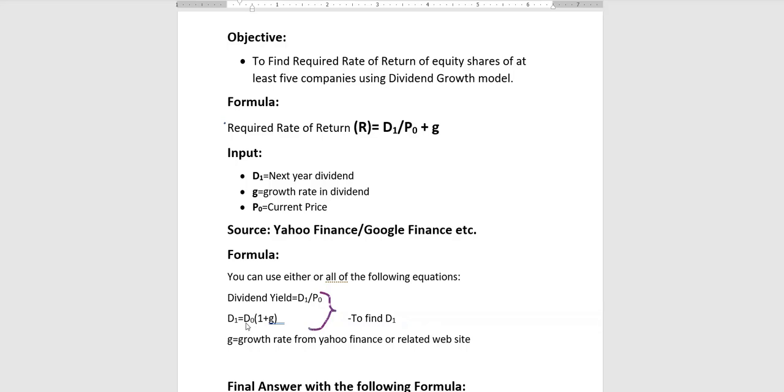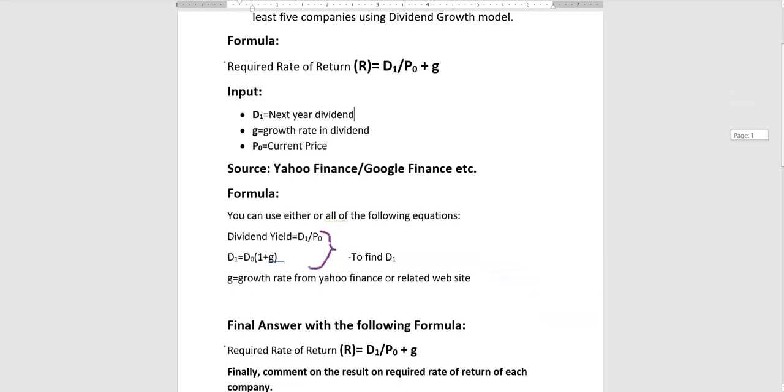And if you know the current dividend of a company, you can find next year's dividend by multiplying the current dividend by the growth rate. Look for those values on the Yahoo Finance web resource.